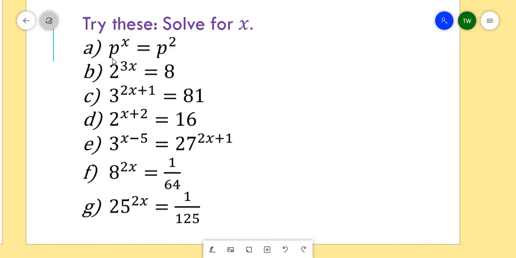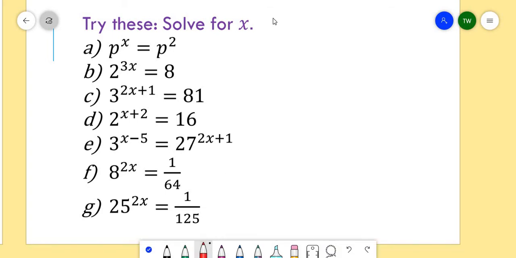So the first example that we're going to look at is A, which says that p to the power of x is equal to p to the second power. So we know that we have p raised to the power of x, is equal to p raised to the second power.